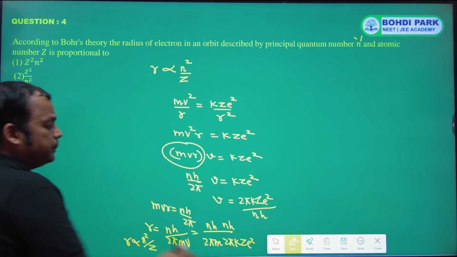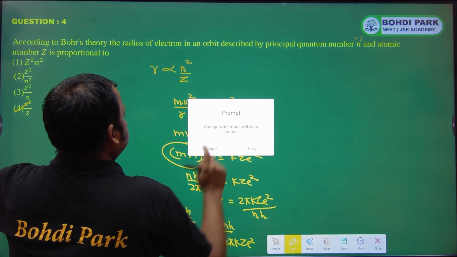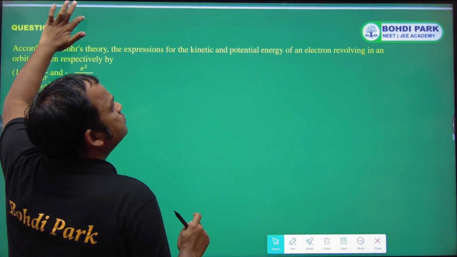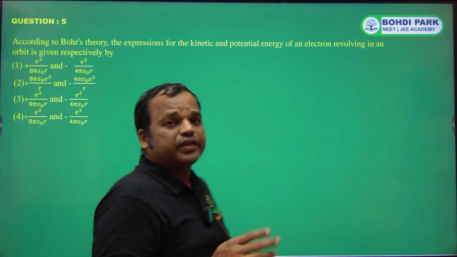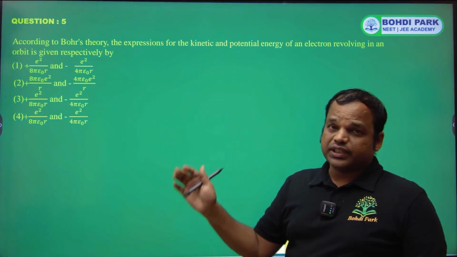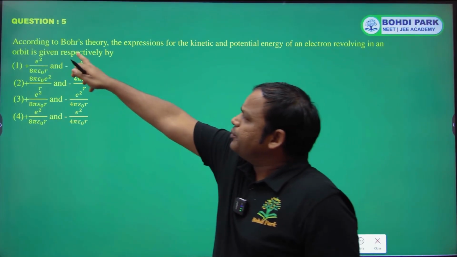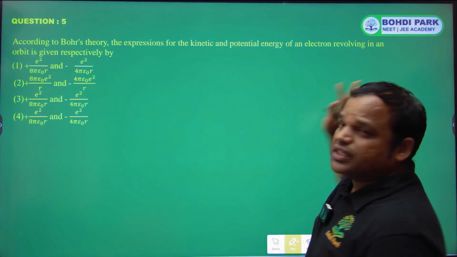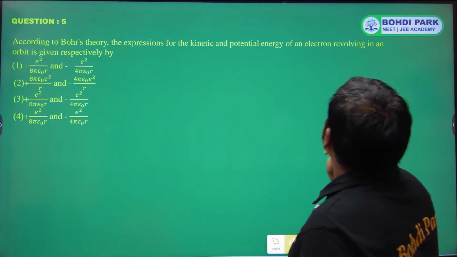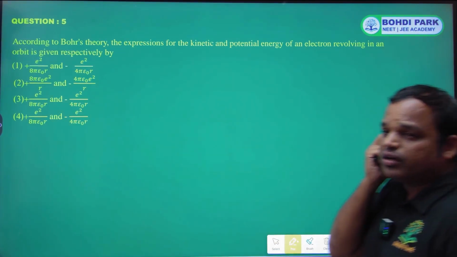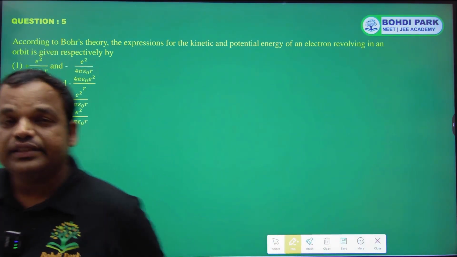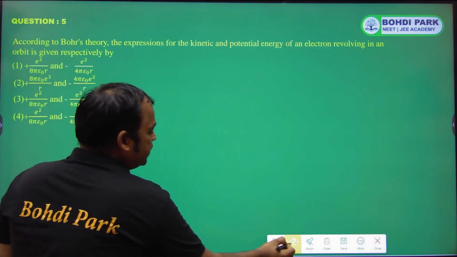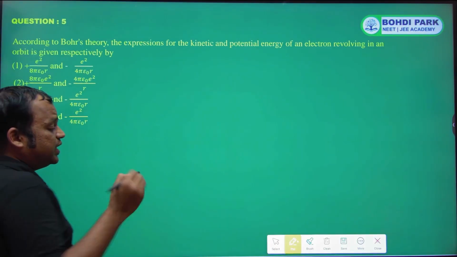Now next, look at this fifth question. We have, according to Bohr theory, the expressions for the kinetic and potential energy of electron revolving in an orbit. So we have the relation between total energy, potential energy and kinetic energy.